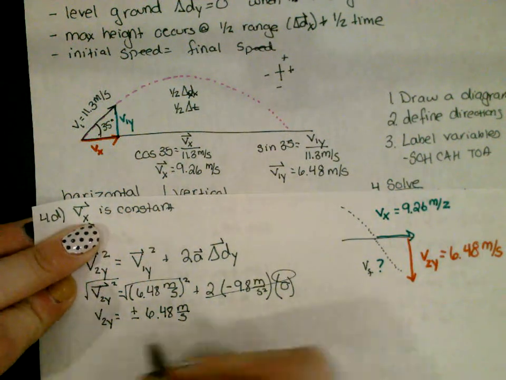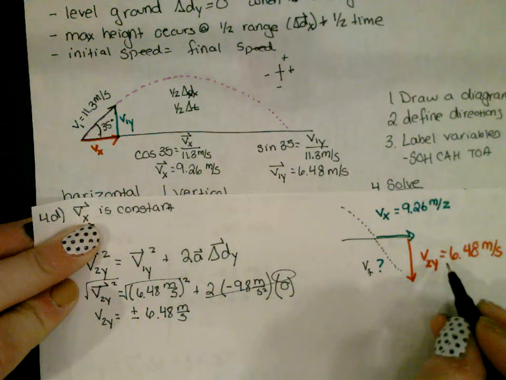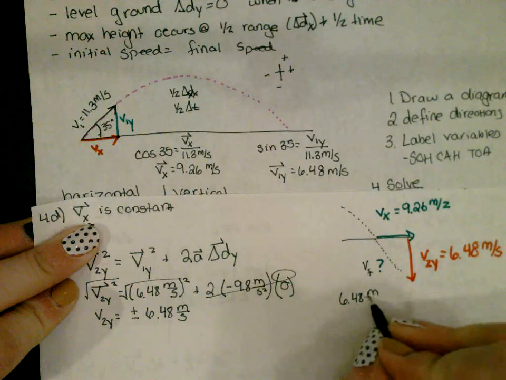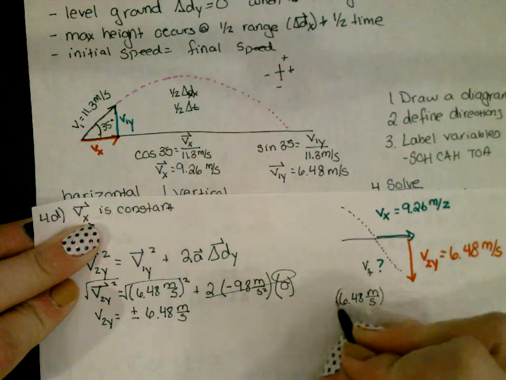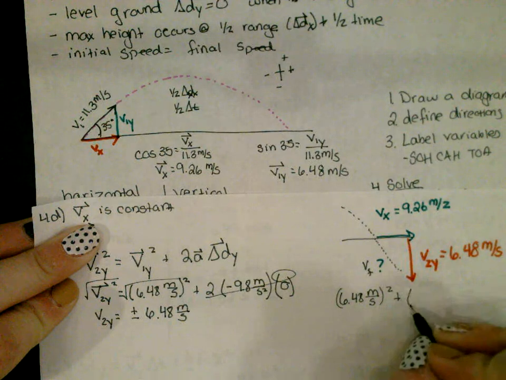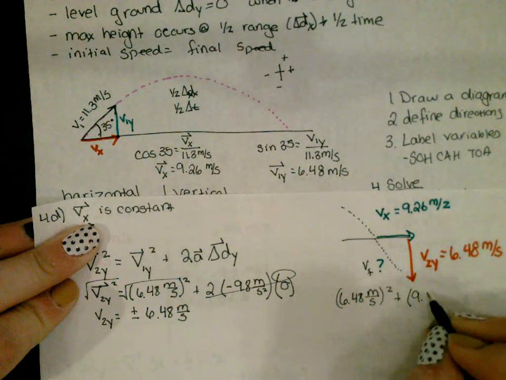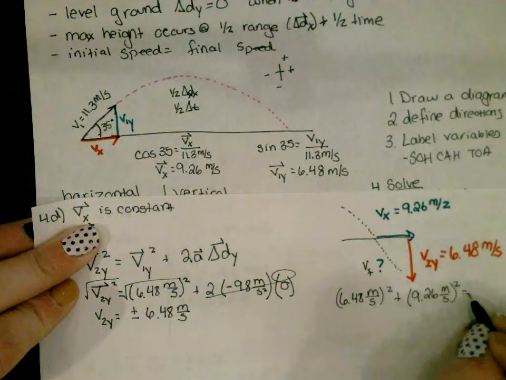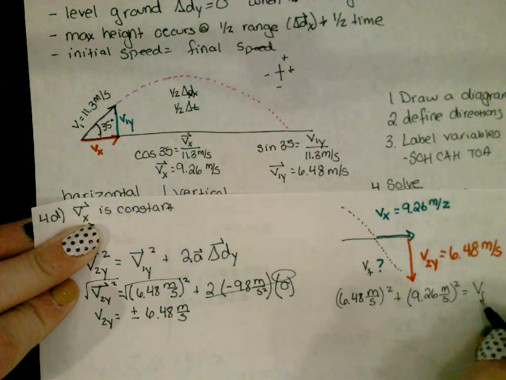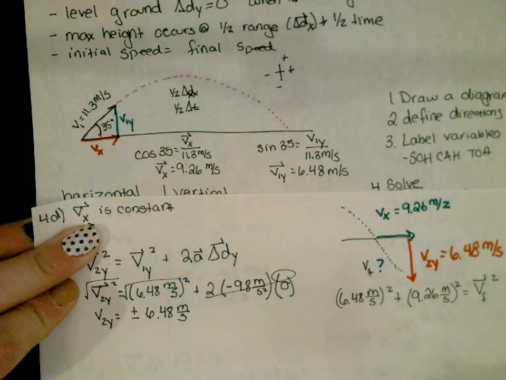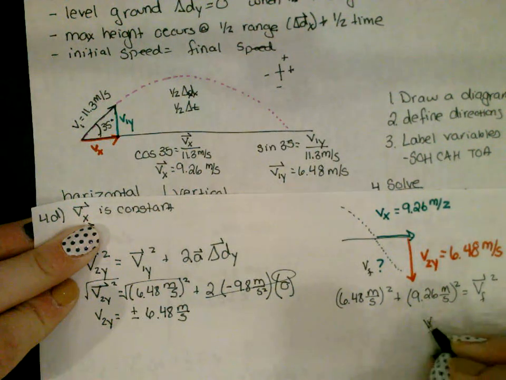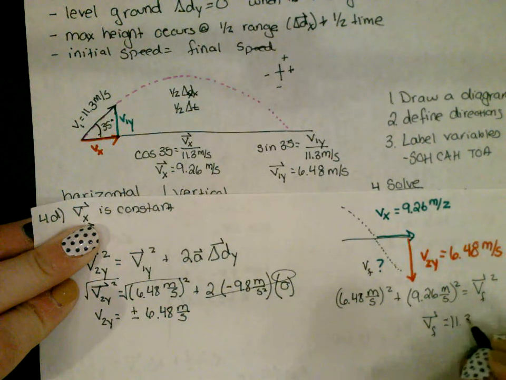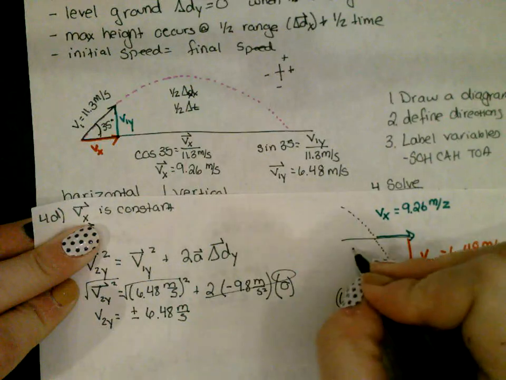So I can say 6.48 meters per second squared plus 9.26 meters per second squared equals my velocity final squared. So my final velocity is equal to 11.3 meters per second.